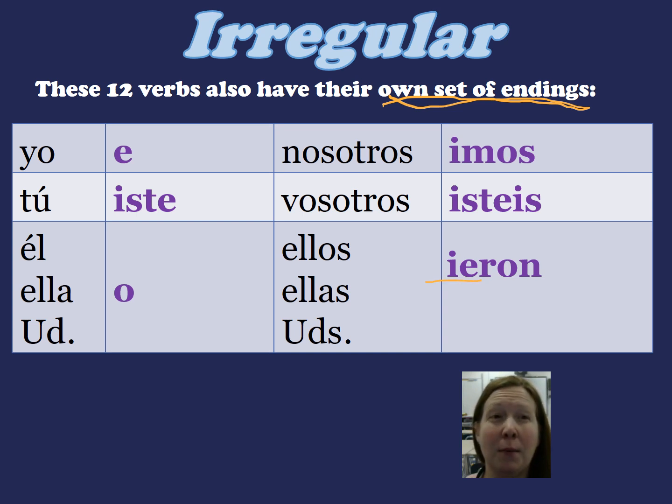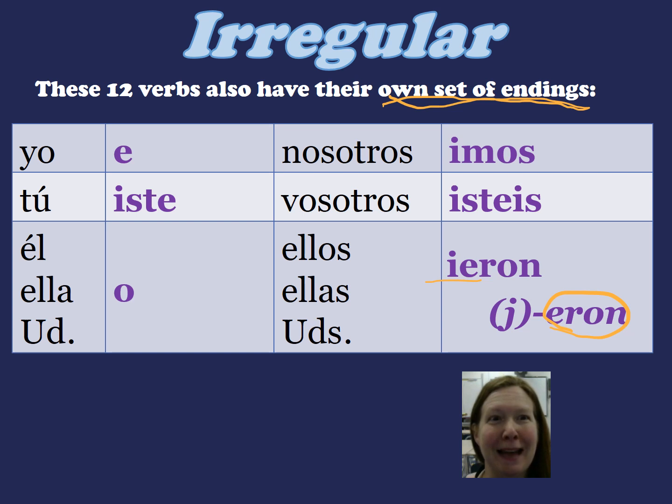It just doesn't happen very much. So when you have a stem that ends in j, you are actually going to drop the i, and you're just going to use e-r-o-n for that particular form. And again, just for that form, just when those stems end in j.